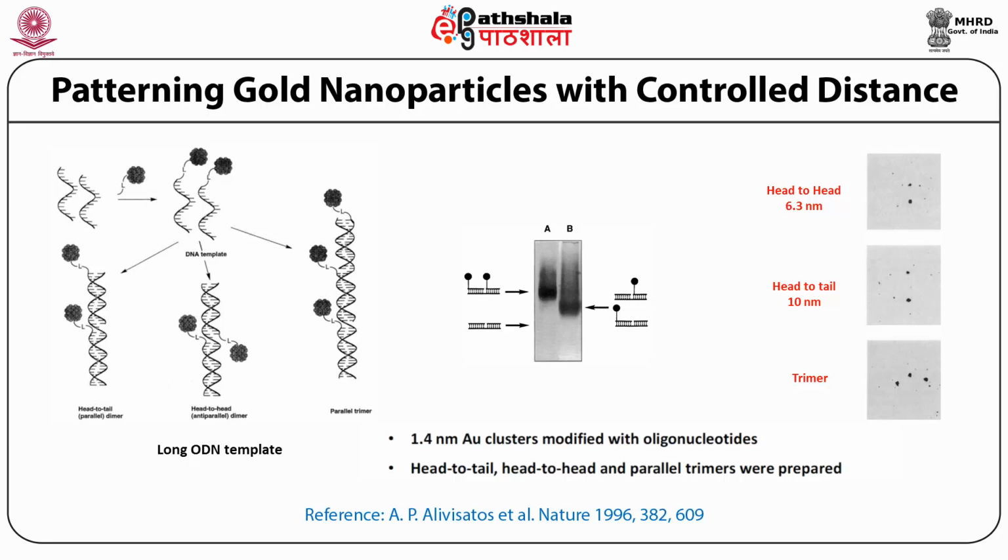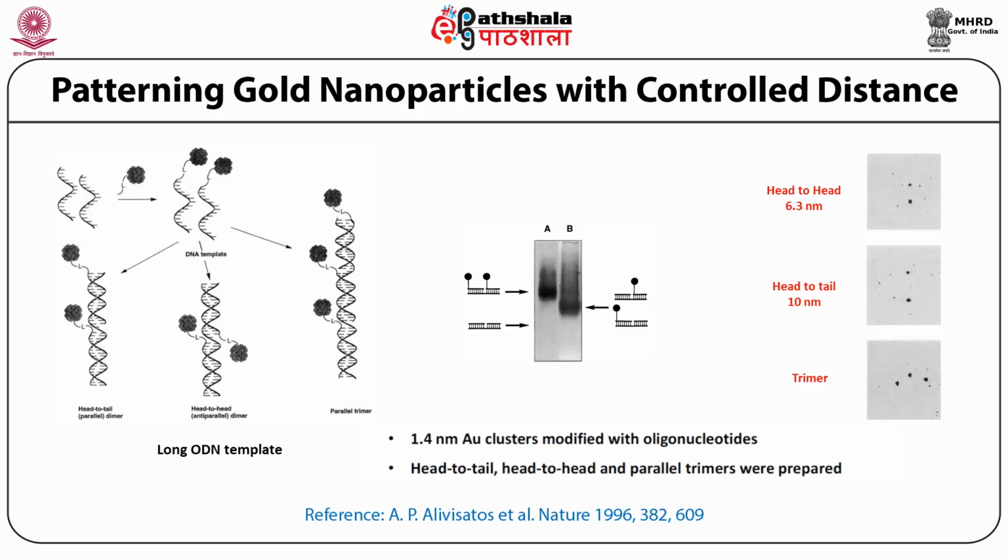Here you can see there are two different DNA strands, and one can ligate one gold nanoparticle to each of these two different DNA strands. Then if you take a long DNA template, these DNA strands can bind to the long template depending on the complementary sequence, and you choose the long template in such a way that you can actually position these gold nanoparticles. The hybridization will happen in different segments of the template, and you can position them at different dimensions.